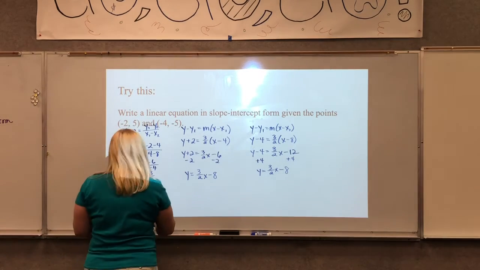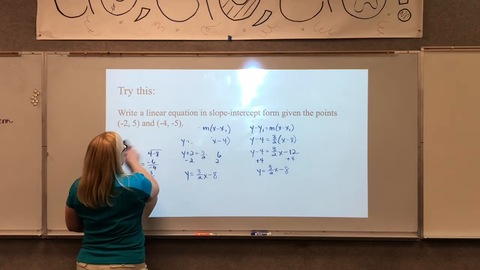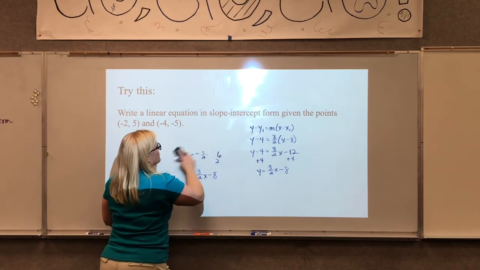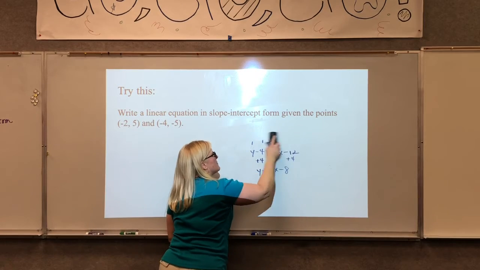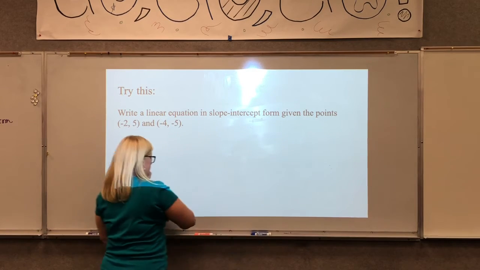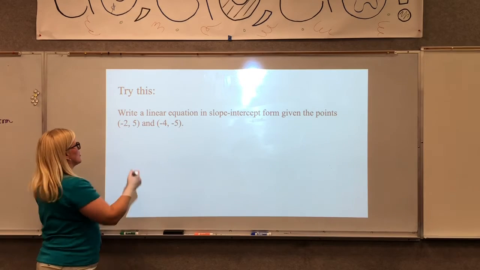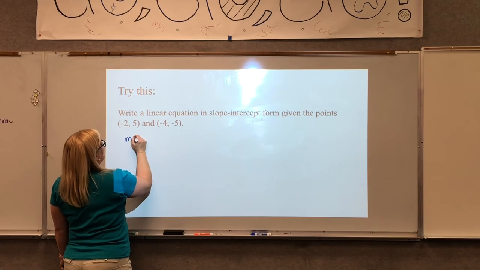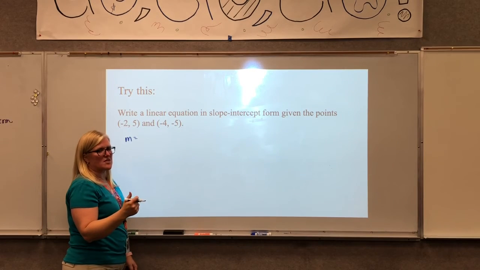Now I want you guys to try this one. Let me erase this. While I'm erasing, go ahead and pause your video and try this one. All right, so let's find the slope first. Remember, it's y's on top, y to the sky, I heard somebody say once.